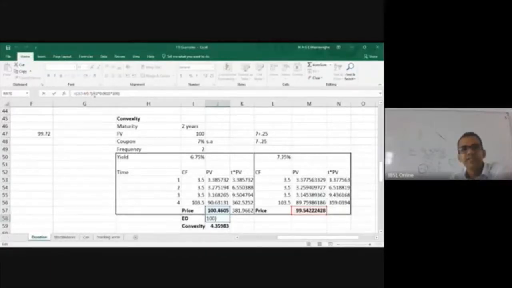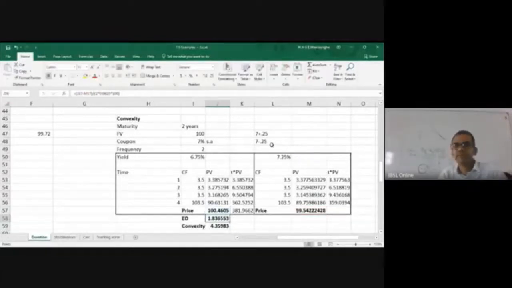Take the difference, then divide by 2, divide by 0.0025. Remember, in these equations, yields and change in yields, you have to put as decimals, not as percentages. So the change in yield here is 0.25%.